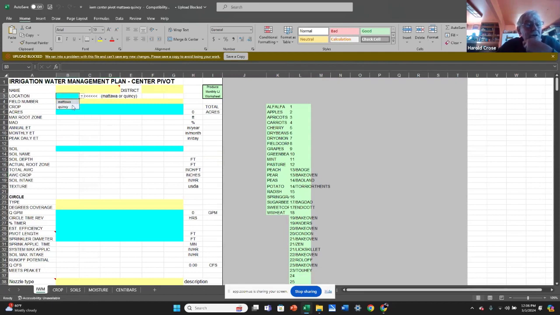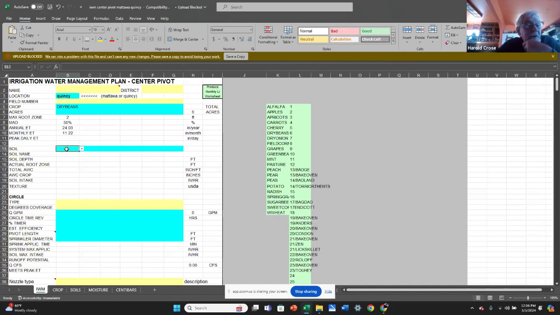This is for Quincy. The crops are all in here. So we'll just grab one here, dry beans. And all of a sudden it tells you what the root depth is in the zone, the management allowed depletion for that crop, the ET for the year, and the monthly ETs are in here.